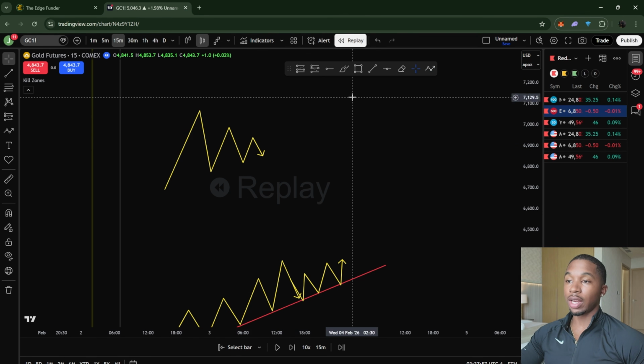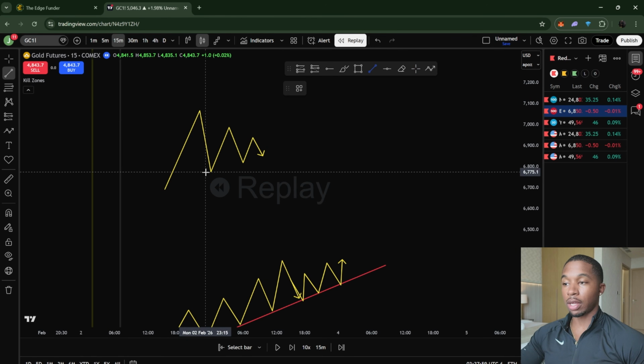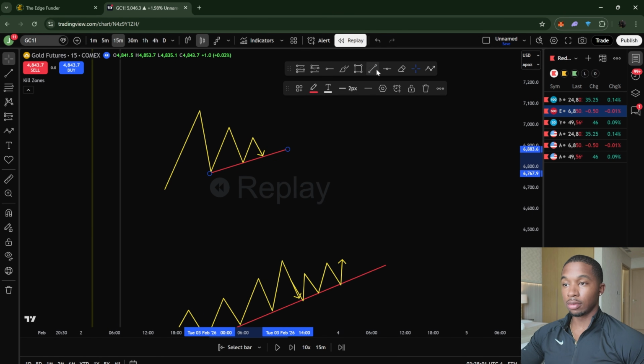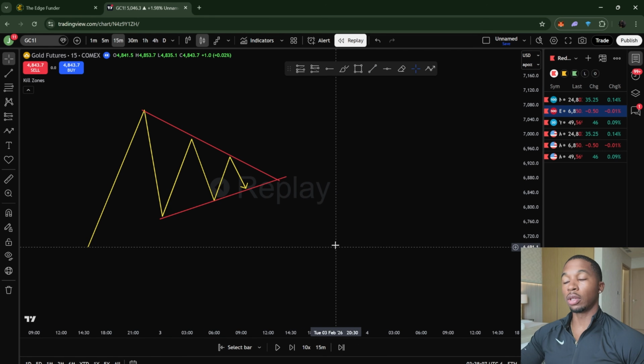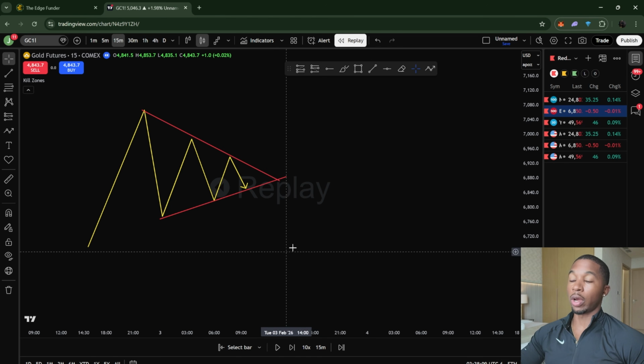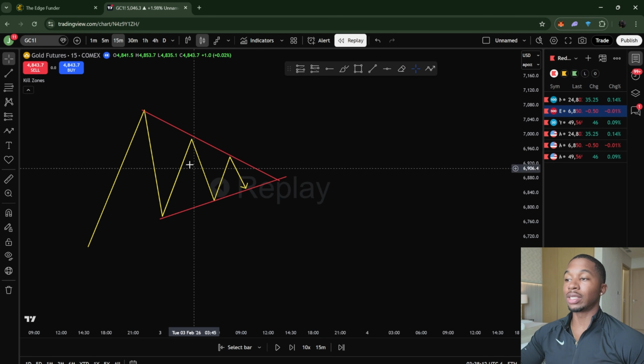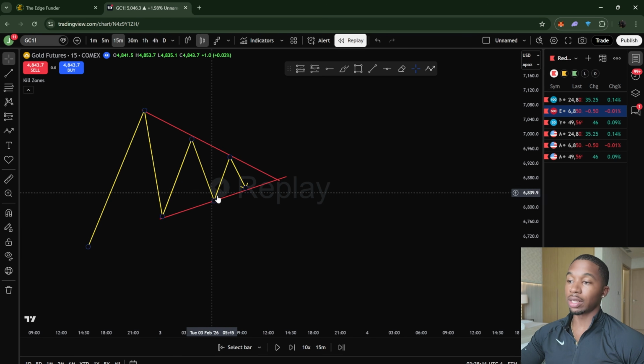And this, if we look at it and connect the dots on both the top and the bottom, like this and like this, it's forming a triangle, or I call it a squeeze. And this is the setup that we're looking for with this specific strategy. We're looking for times when price is creating lower highs and higher lows at the same exact time.